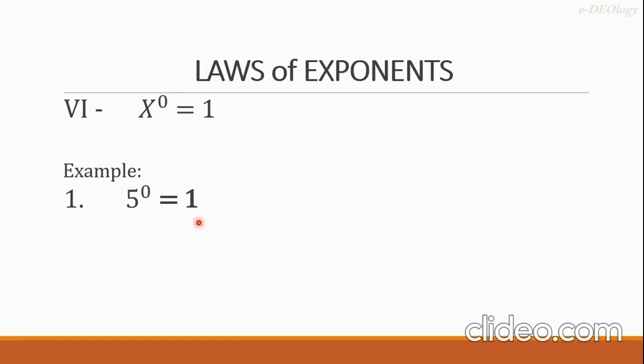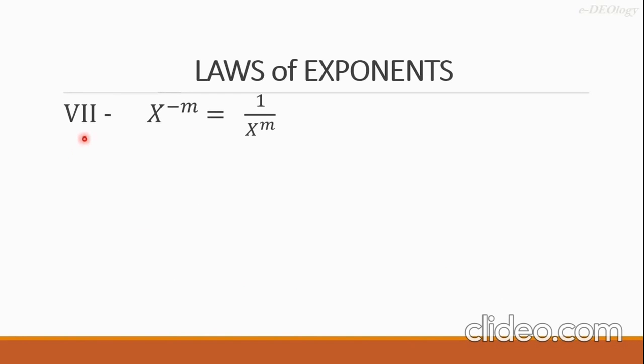So this is equal to 1. The second example is the quantity x squared plus 1, all raised to 0. For this polynomial, because of the 0 power outside, everything is boiled down to 1.